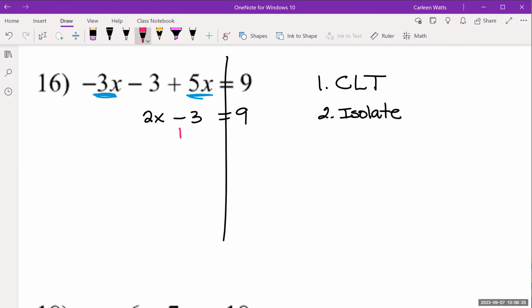So we're going to add 3 to both sides. The opposite of subtracting 3 is adding 3. So -3 plus 3, poof, 0. Those two cancel out.